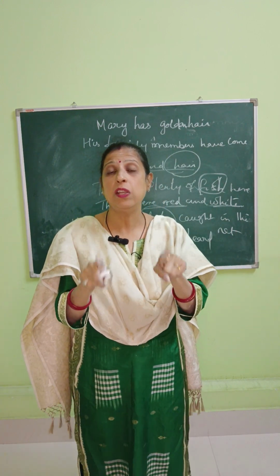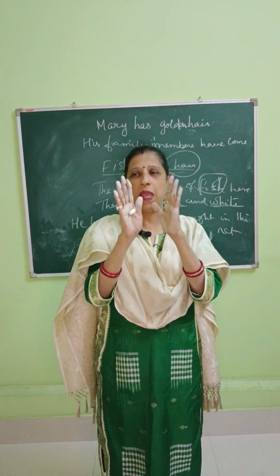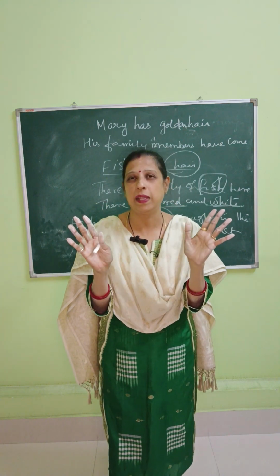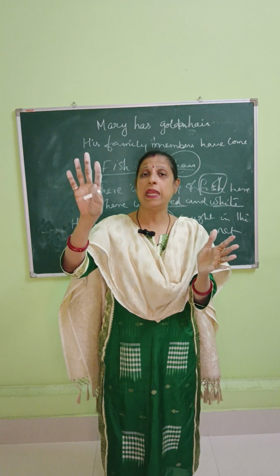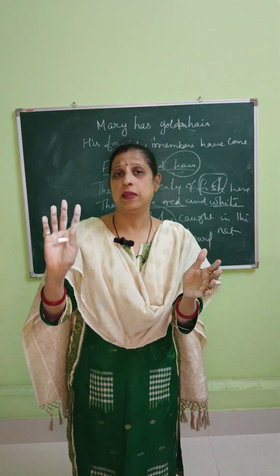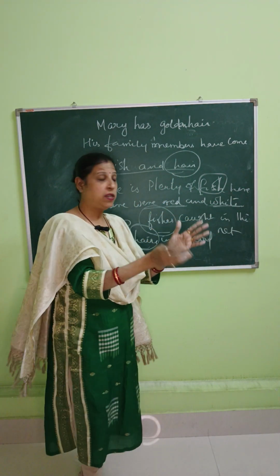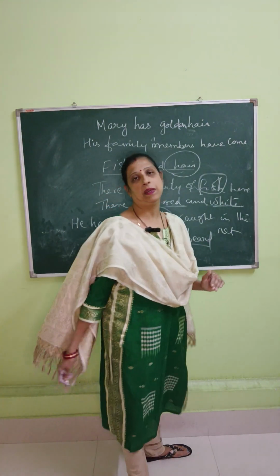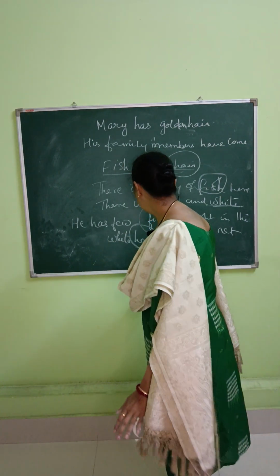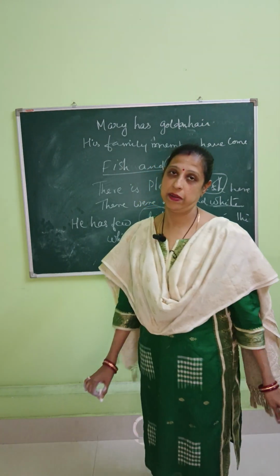I am pointing to a separate thing, that is hair, black and white hair. Among the black hair, there is white hair. I'm separating it. So he has few white hairs in his beard. In this case, the singular becomes plural, hairs.